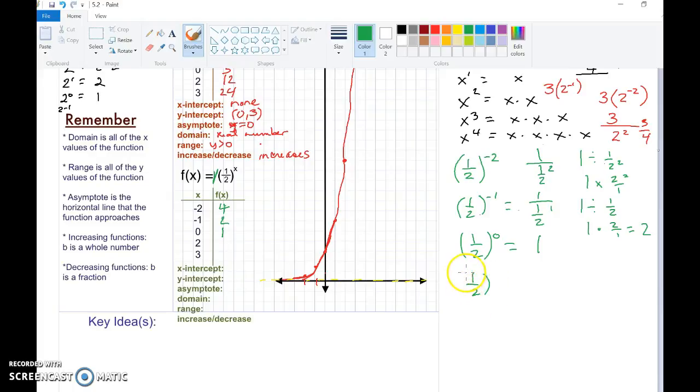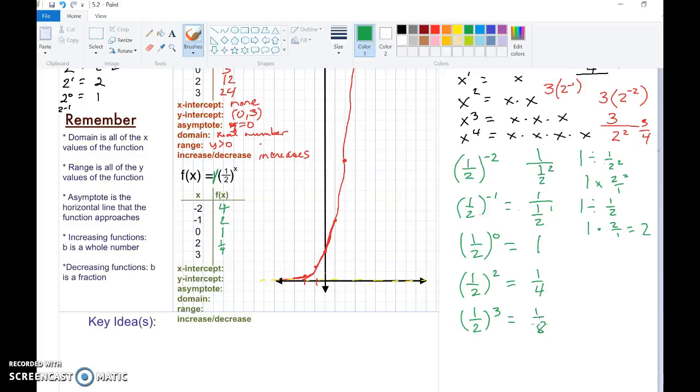So 1/2 to the second power is just 1/2 times 1/2, which is 1/4. And of course, I forgot to put the 1 in there, 1/2 to the 1 power would be 1/2, right? And then 1/2 to the third power is just 1/2 times 1/2 times 1/2, which is 1/8.